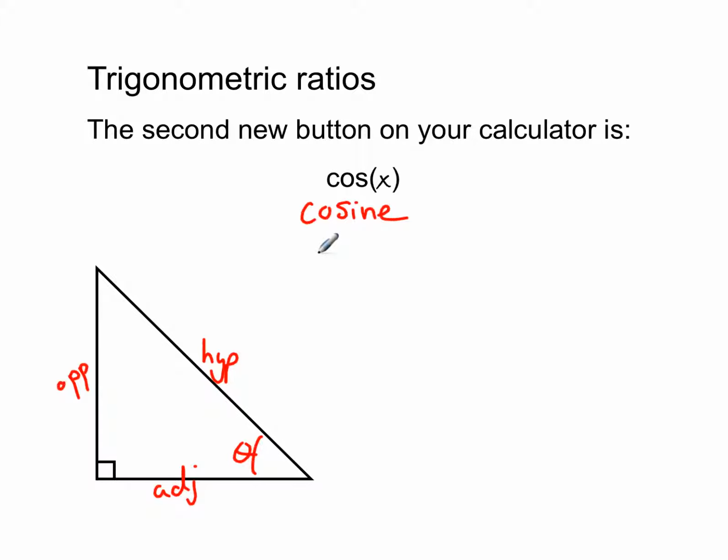What the cosine of theta, what that ratio will equal, is the adjacent side length. Oh, I should write this out in full. Cosine theta is equal to the length of the adjacent side divided by the length of the hypotenuse.